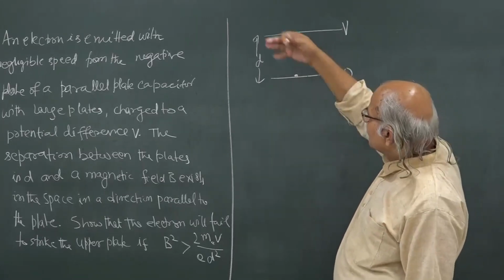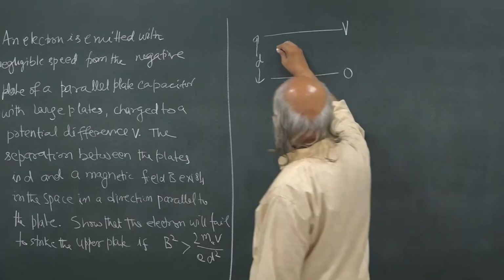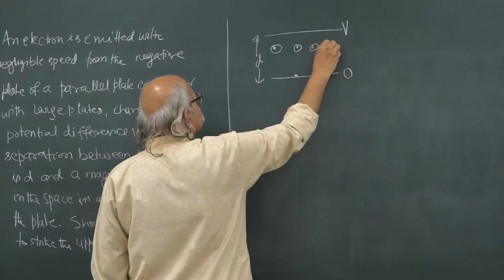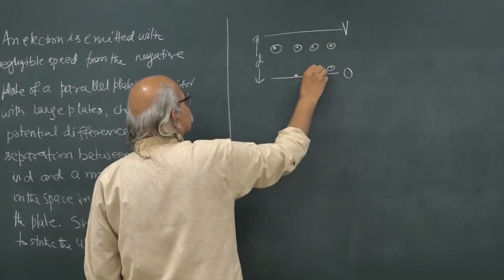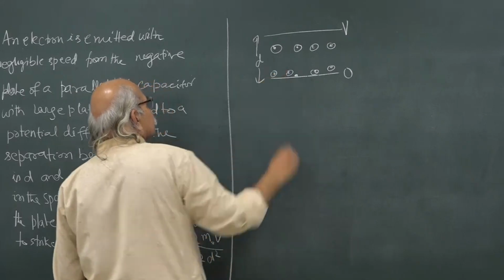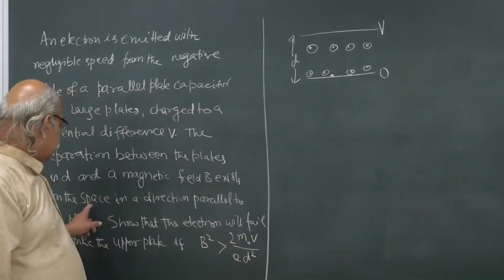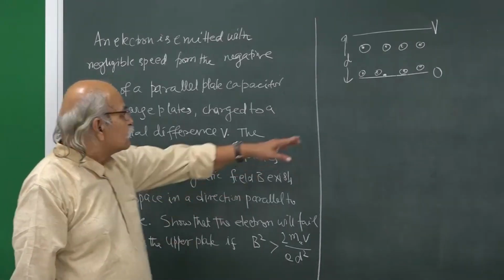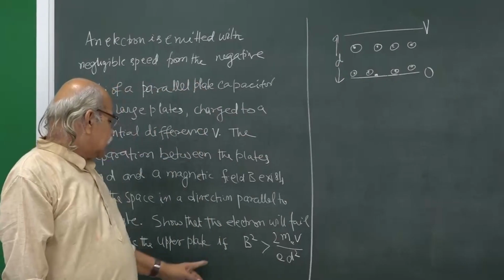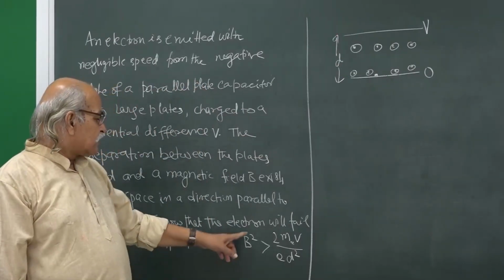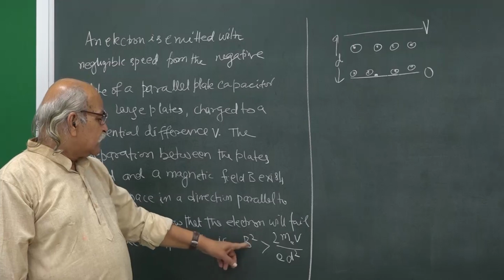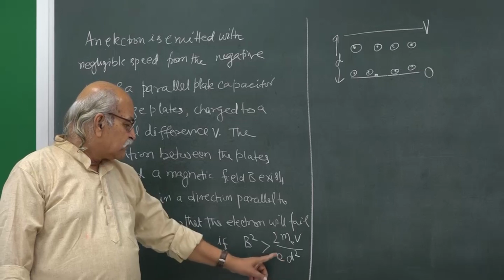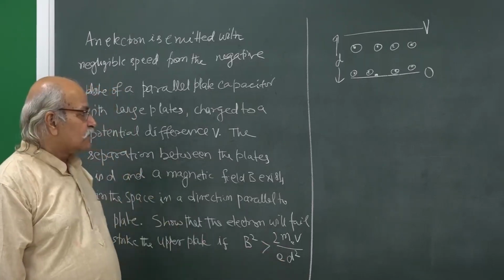We take this coming out as the magnetic field, and therefore, we draw this figure for B. Now, show that the electron will fail to strike the upper plate. This electron will fail to strike the upper plate if the magnetic field is strong enough and B square is greater than 2 times mass of electron times V divided by e d square. So, that is the question.